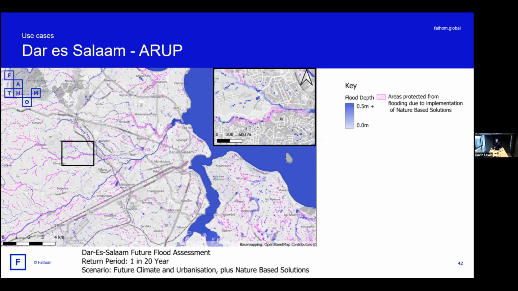They were looking at the absorption of about 300 Olympic swimming pools of rainfall in the soil, reducing the heat island effect by between 1 and 5 degrees C, and reducing the average soil loss to help preserve riparian areas. So this is where we can work with partners to take our data, integrate it into their applications, and provide real world answers to some of these issues around climate change and flooding.